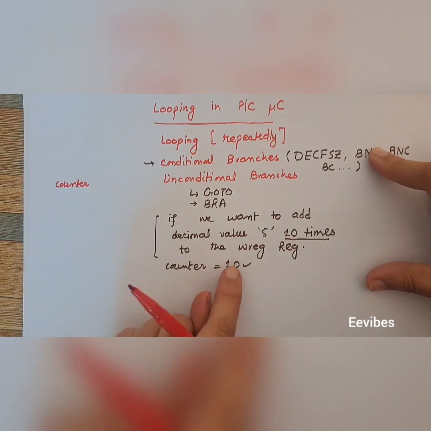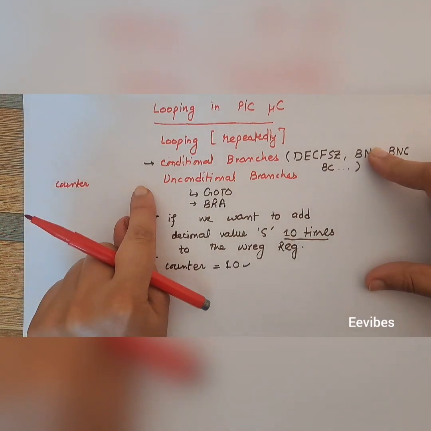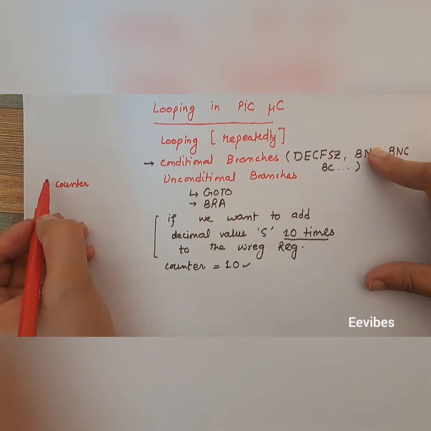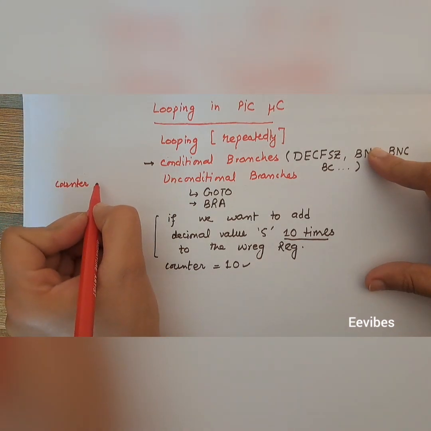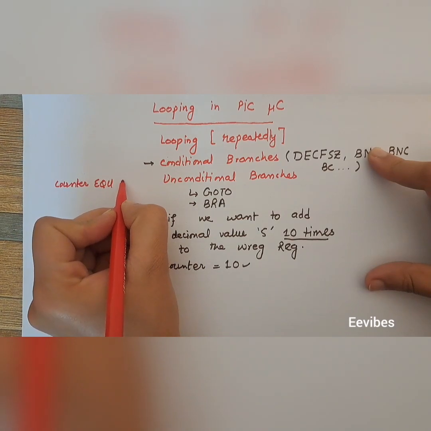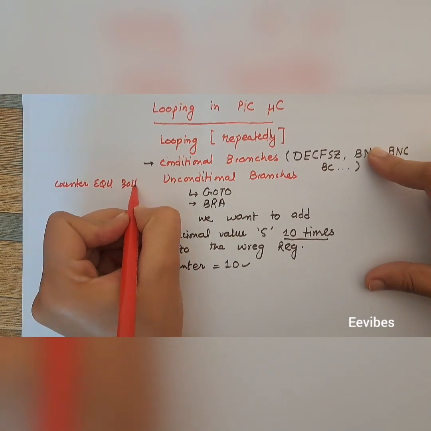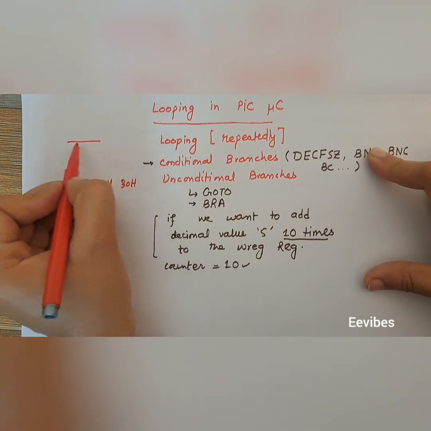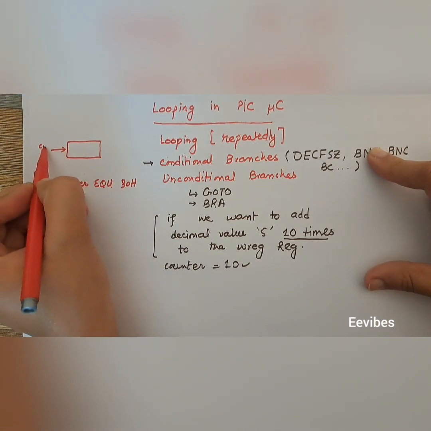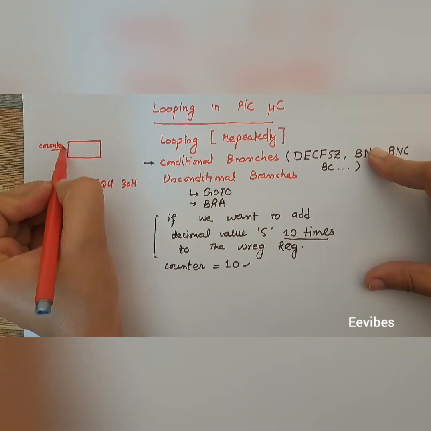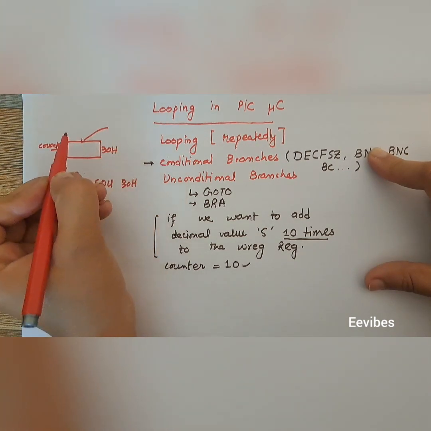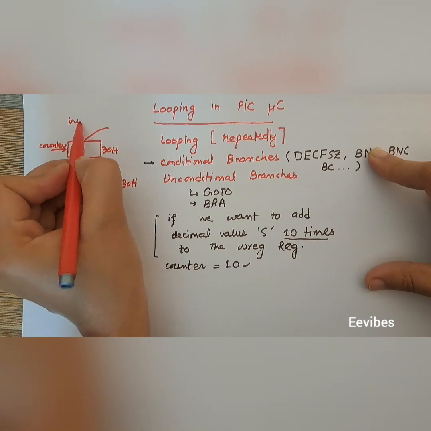We can set the value of the counter in the PIC microcontroller using the file register. So first I will reserve an allocation. Let's say 30 hex has been reserved and named as a counter variable, and its address is 30 hex, where I will initialize the counter.